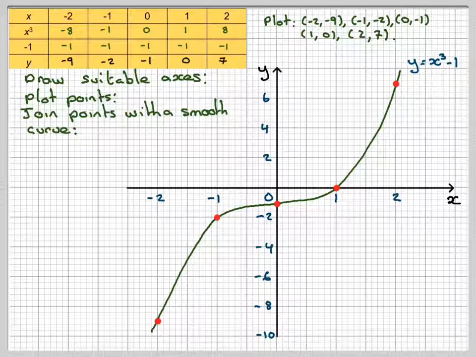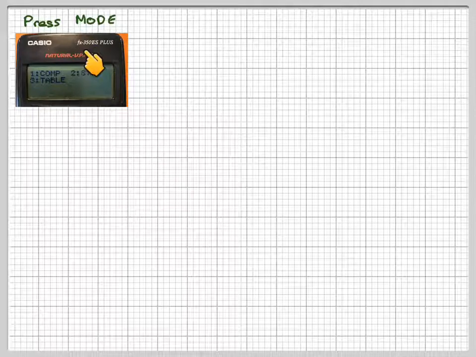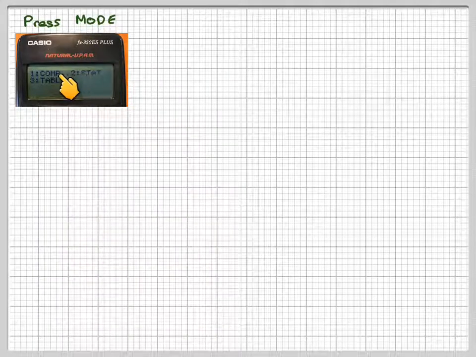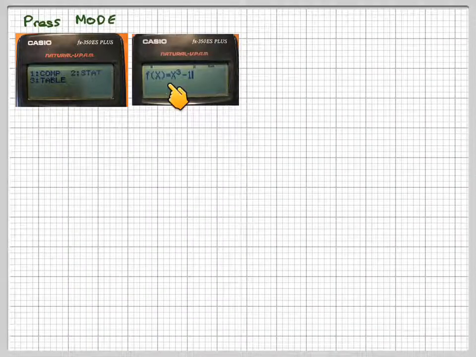Now it is possible to use the Casio calculator. So first of all, on the Casio calculator, you need to press mode, and then what comes out is comp, table, and stat. You want to press number 3 for table, and then you need to enter in x cubed minus 1. Now it will come up as f(x), and this needs to be entered in.